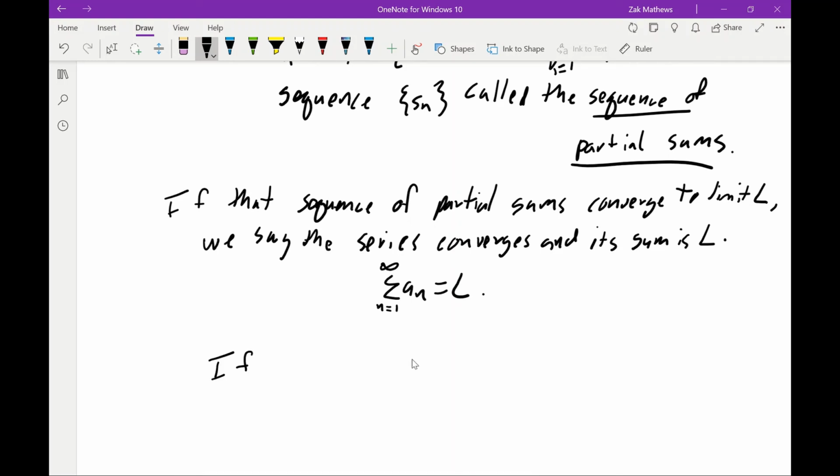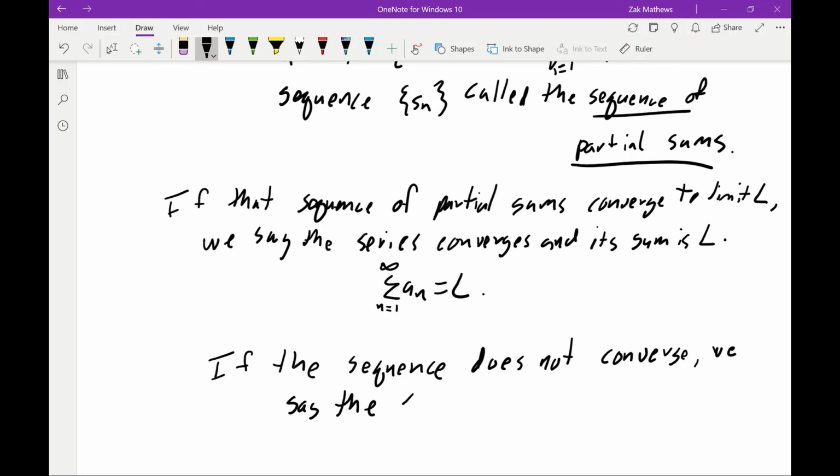If the sequence of partial sums does not converge, we say the series diverges. So to consider the series, because these things keep going on forever and ever, we have to look at a certain number of those terms.